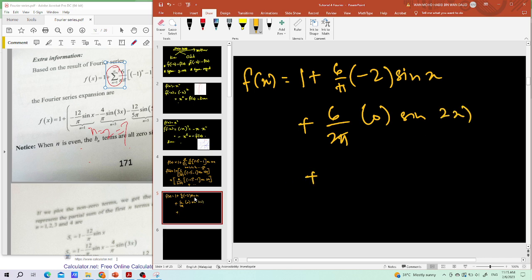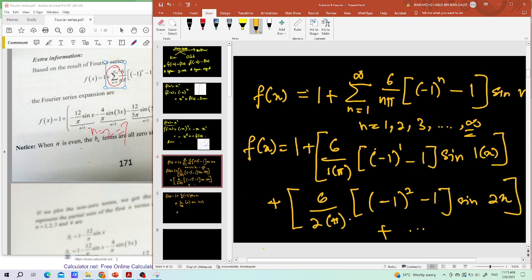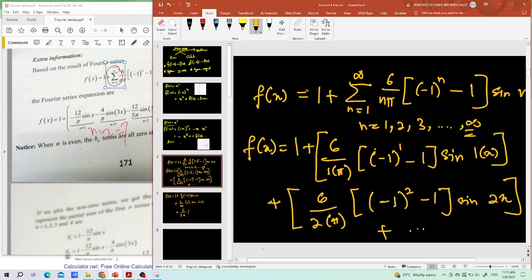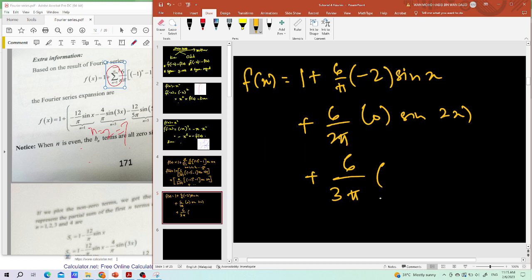And then we have another one here. If we put 3 here, so 6 over 3 pi, then (-1 minus 1), we will get -2 sine 3x. So anything we multiply with 0, we get 0.